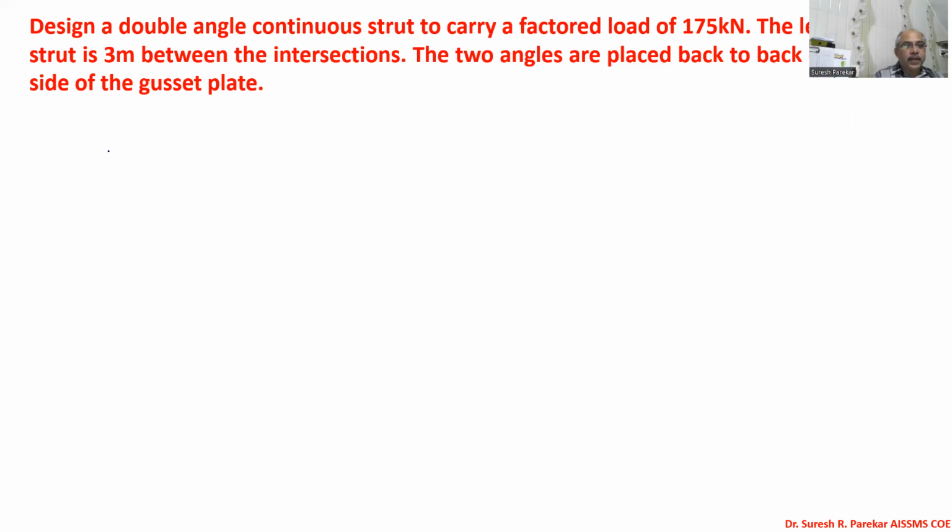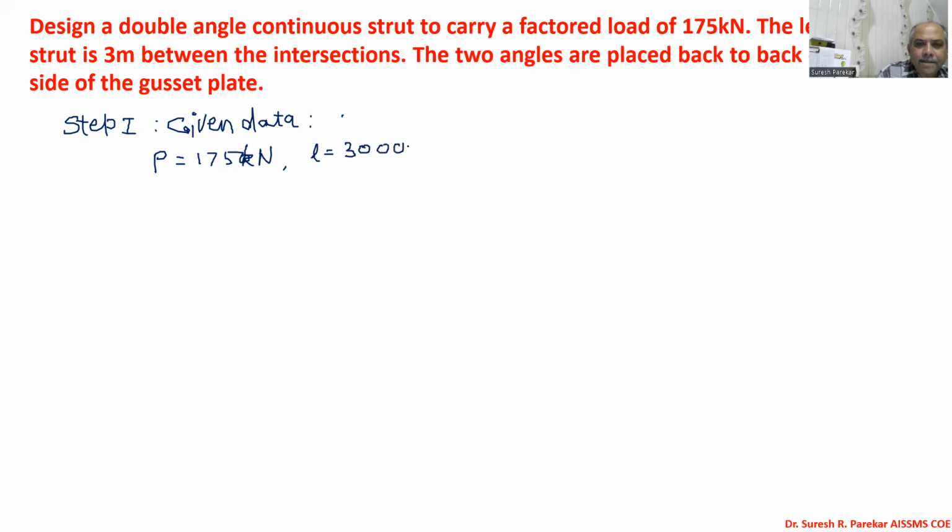Now, as we know, we have step 1, given data. P equal to 175 kilonewtons. Then we have L equal to 3000 mm, the length between the intersections.